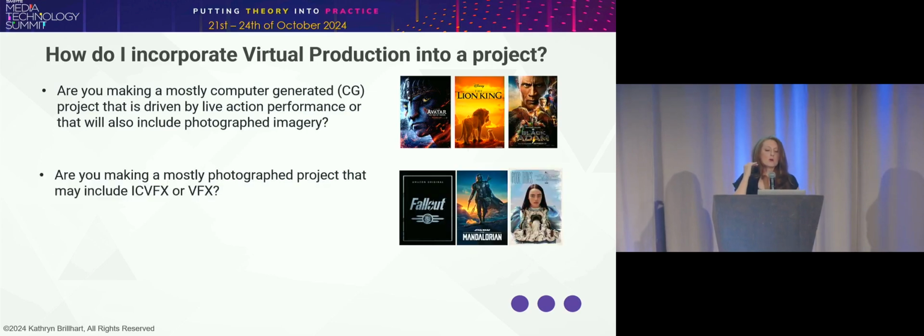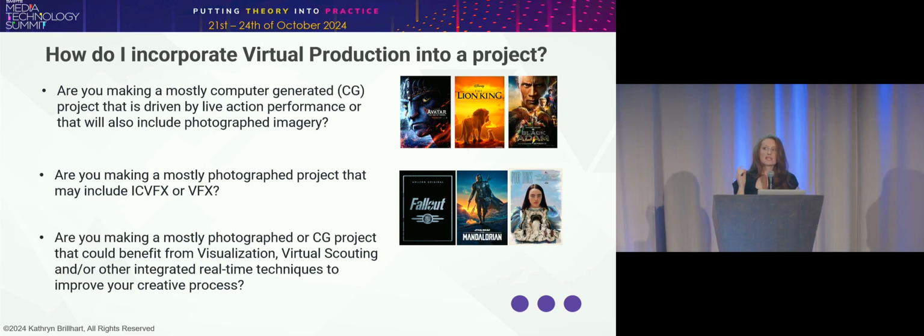Are you making a mostly photographed project that might include in-camera visual effects or visual effects? Or are you making something outside of that and you just want to use bits and pieces of these techniques, like visualization, virtual scouting, or maybe simulcam, that don't need such a complex process?